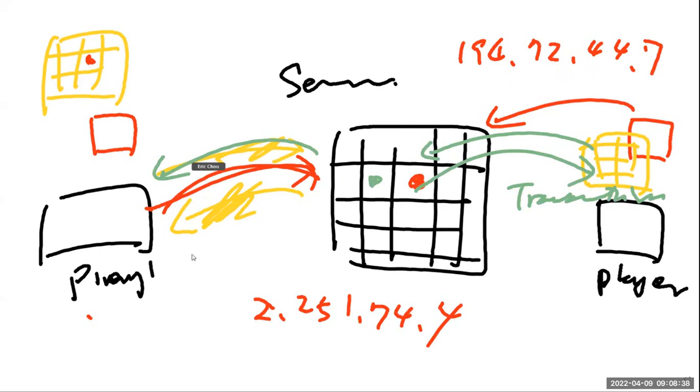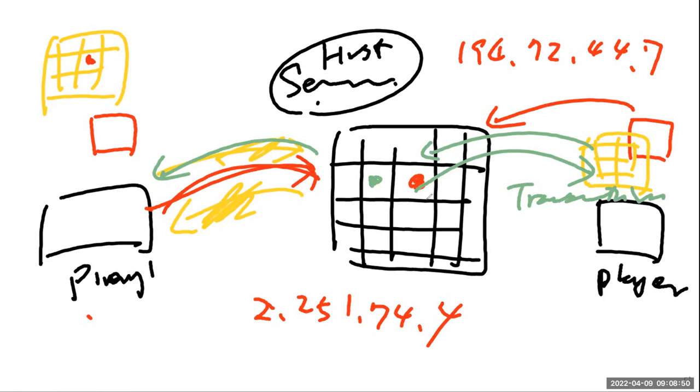But you do need to know the IP address of the other player, and you keep that in a server. This server, sometimes we call it host, sometimes we call it server. People say it's a game server. Say you play League of Legends, and there's a game server.